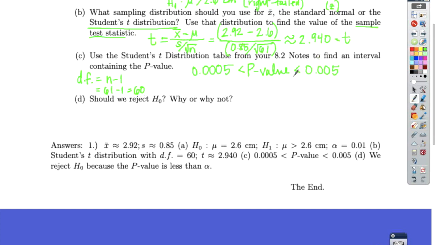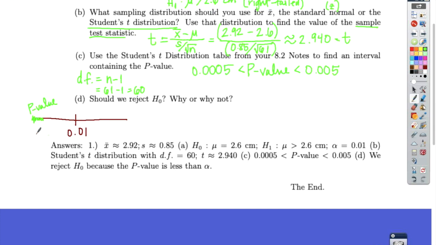Now the question becomes, should we reject H naught, and why or why not? So I'm just going to do some scratch work over here. Remember, our level of significance was 0.01. What we just found for our p-value, these have more zeros than 0.01, so we found that our p-value interval was over here, smaller than 0.01.